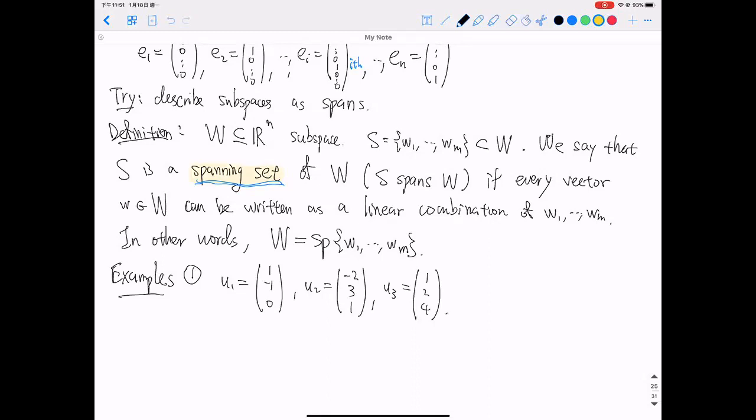You can ask, does the set u1, u2, u3 span, say, R3?